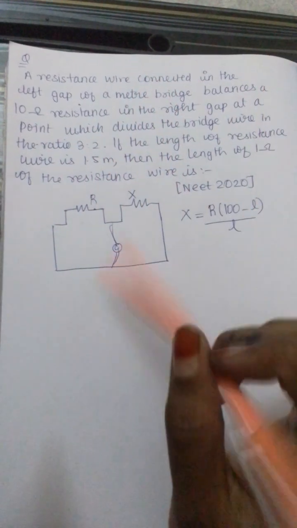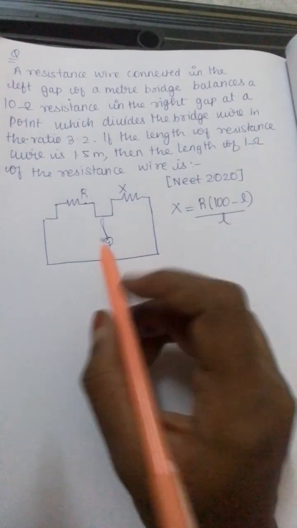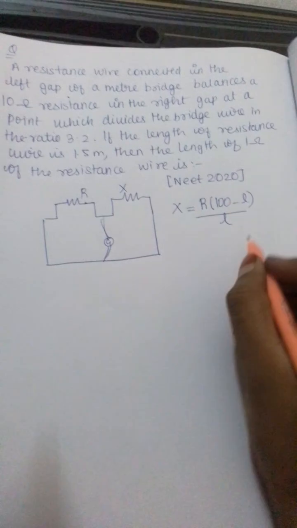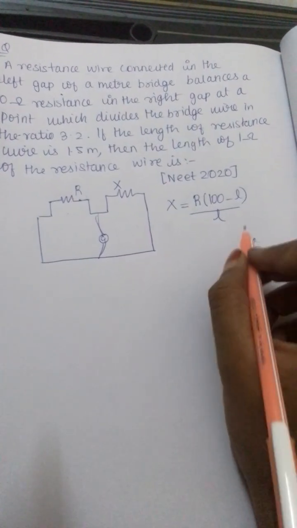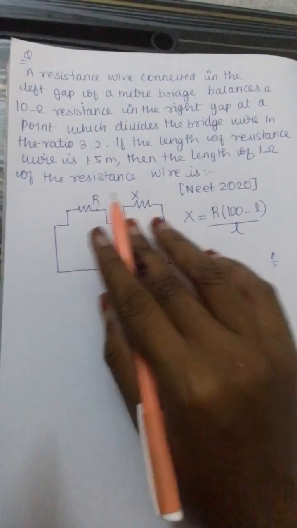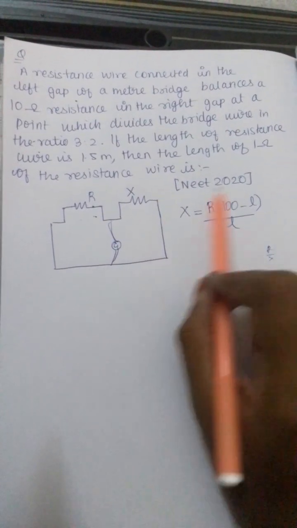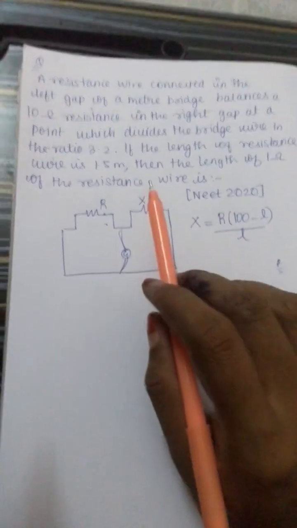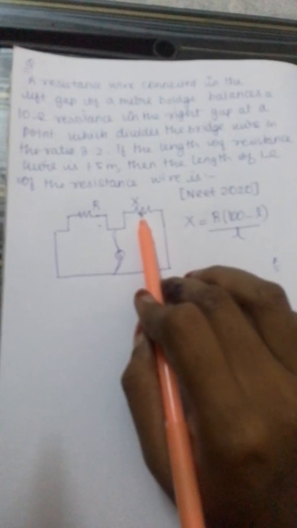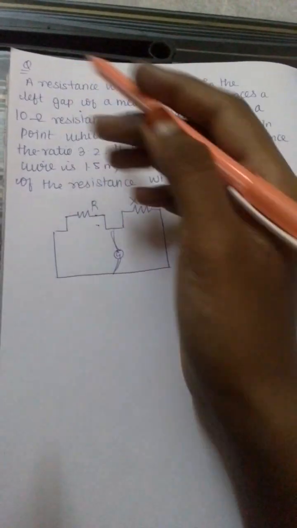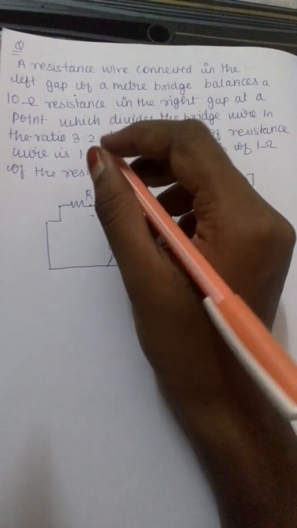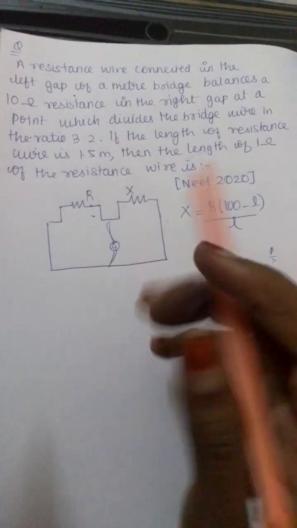You know that this works on the principle of the Wheatstone bridge. So R divided by X, we used to take that for the derivation purpose. We used to take R divided by X as the ratio, and then finally we get this formula. If that was clear from the derivation, this would be easier.